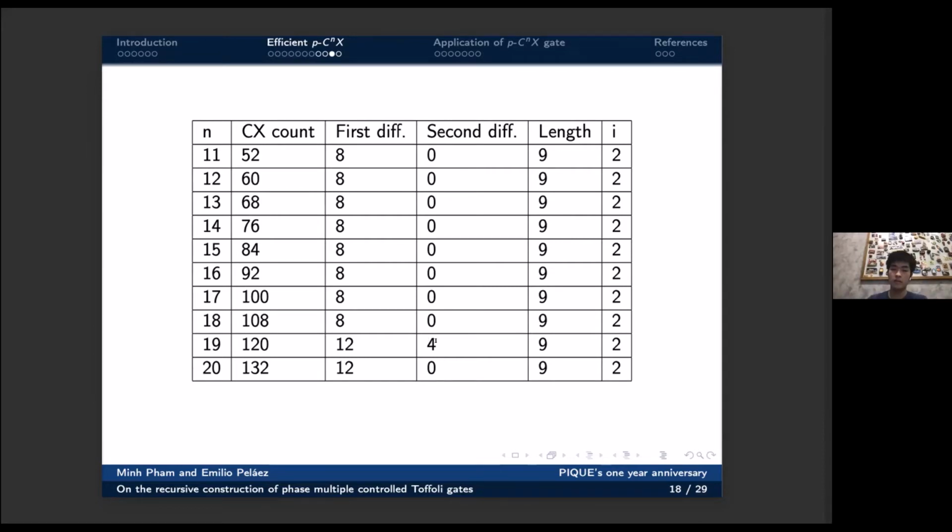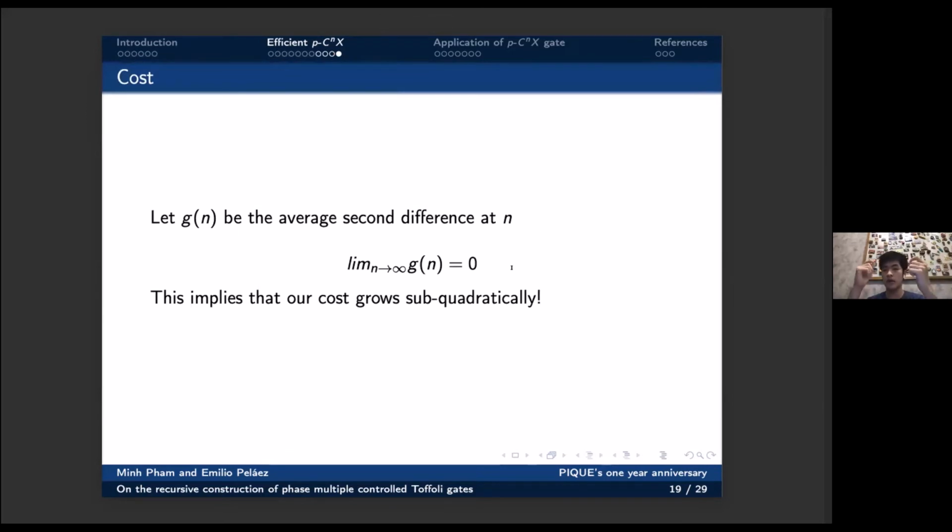The second difference values can be modeled by 2 to the n, but the distance between them is 3 to the n. So if we take the average second difference, which is the non-zeros divided by the distance between them, that's how we're defining it. And as n increases, 2 to the n over 3 to the n goes to 0. It's a geometric sequence, I think. Got it, thanks. And since the second difference goes to 0, then it's subquadratic. Yeah. All right, thank you.